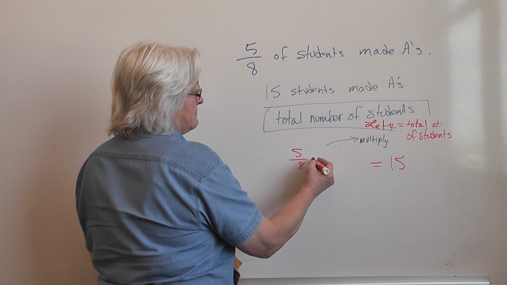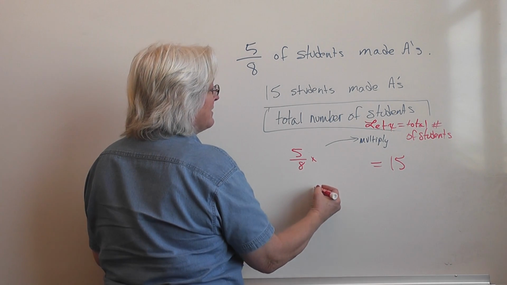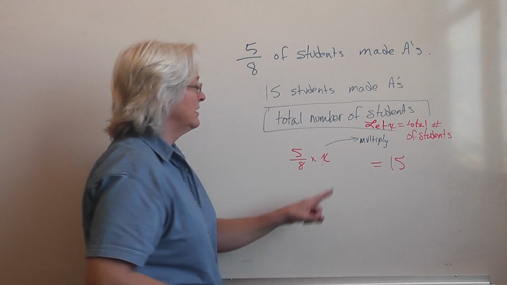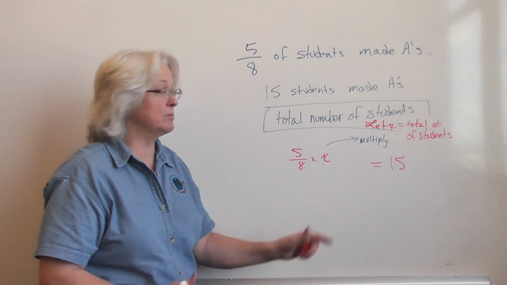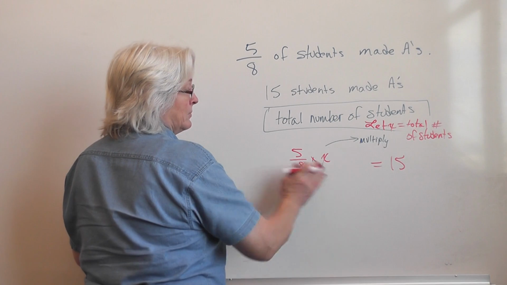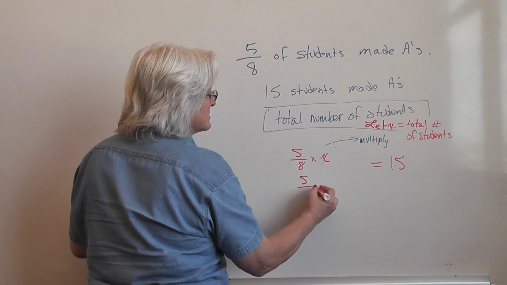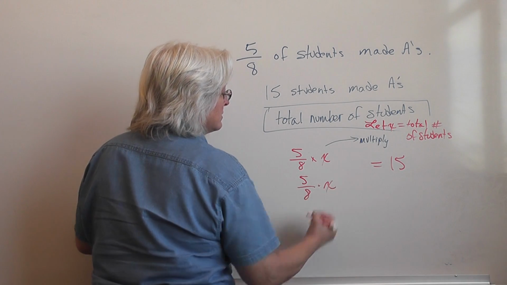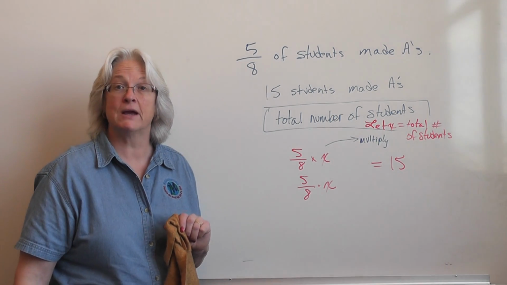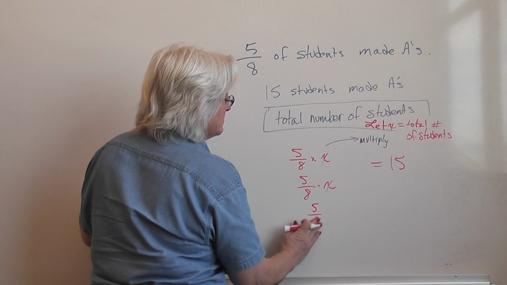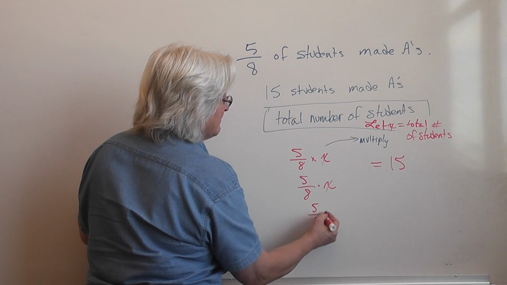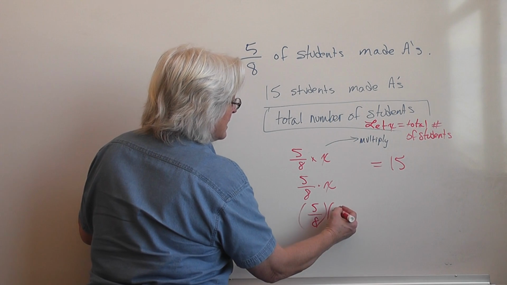While you could say 5/8 times x, you see here why I just really don't like using x to represent multiplication. But we could say that. We could say 5/8 with a raised dot, 5/8 times x.